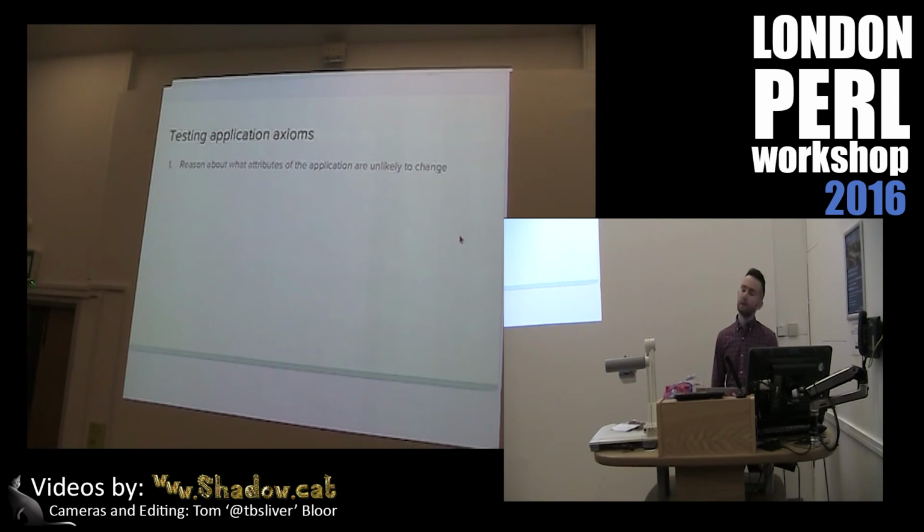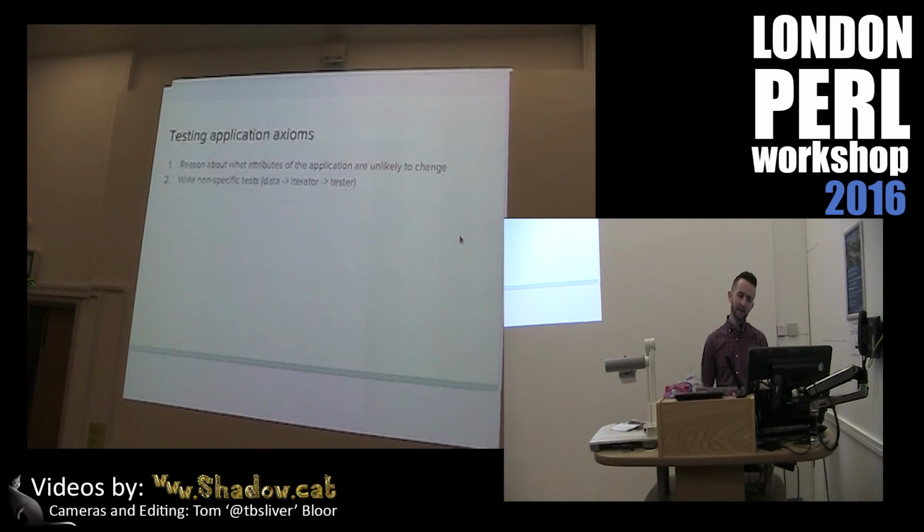Okay, so I've got a multi-step method to help you identify and write axiomatic tests for your application. And I'm giving this away for free, folks, so pay attention. First thing you want to do is reason about what attributes of the application are unlikely to change.